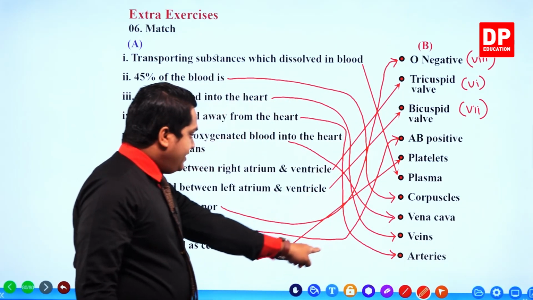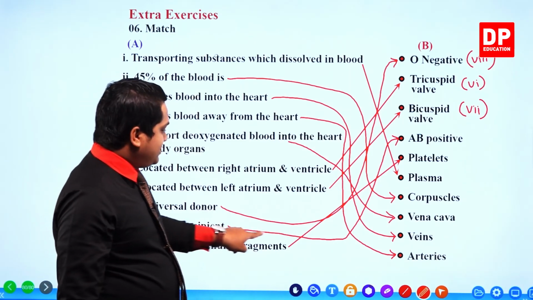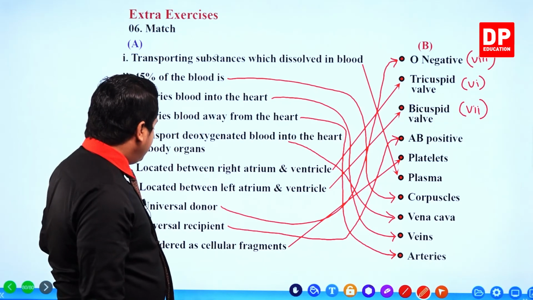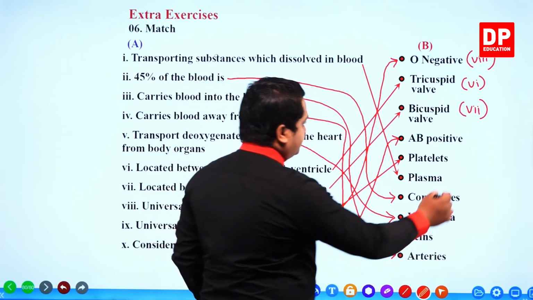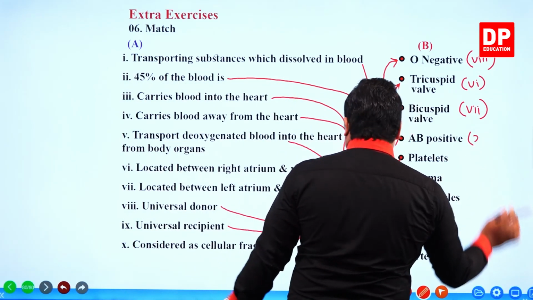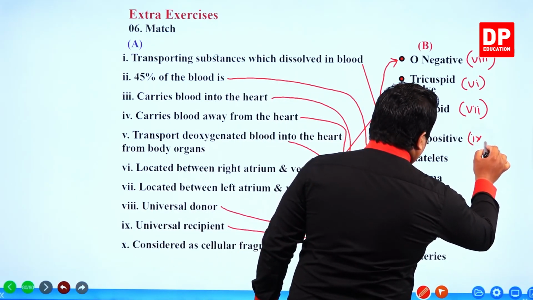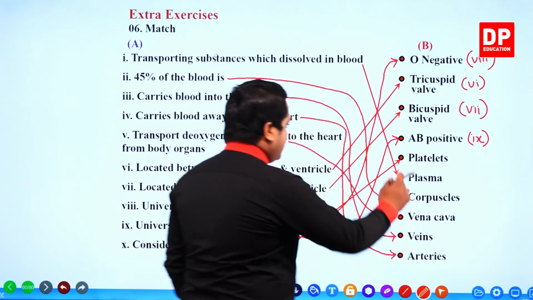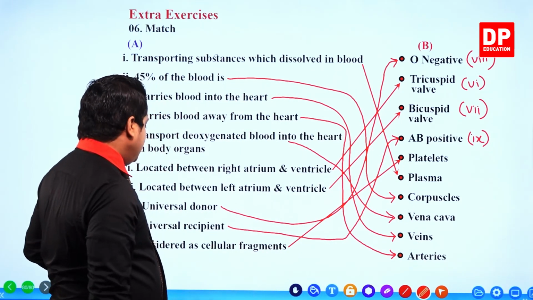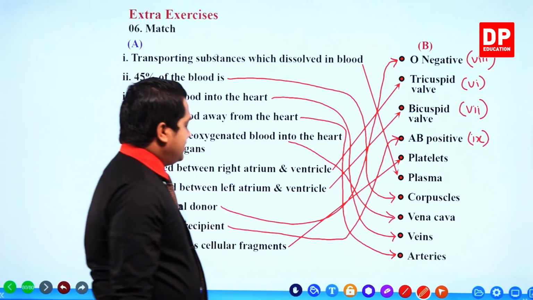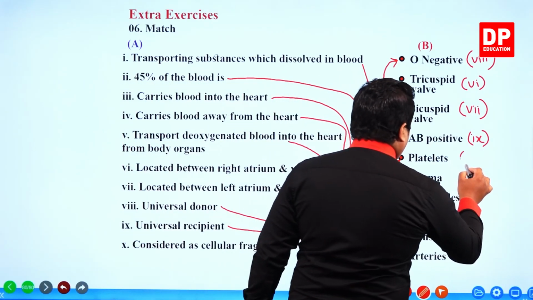AB positive is the universal recipient, my dear children, which is number 9. Platelets, these are the cellular fragments contained within the blood. Platelets, cellular fragments, number 10.